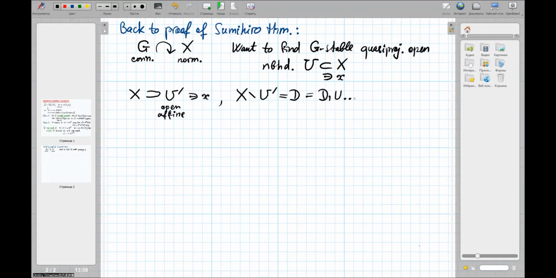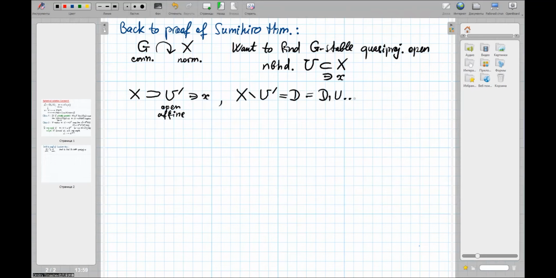And we remove the intersection of these shifted divisors from X. What is left is again a G-stable open subset. And I claim that my divisor Di is Cartier on this open subset. So the intersection of Di with this open subset is Cartier. Okay, this is the statement.